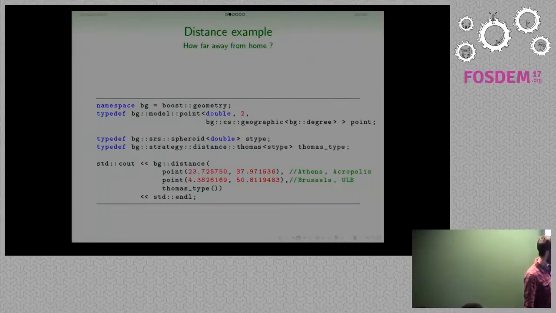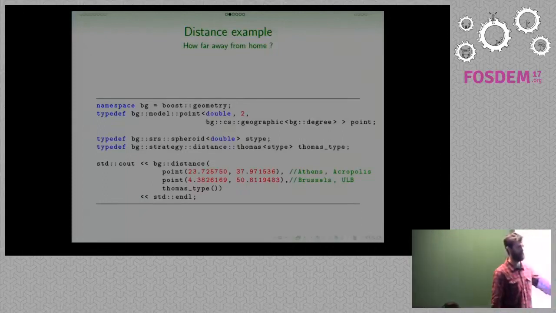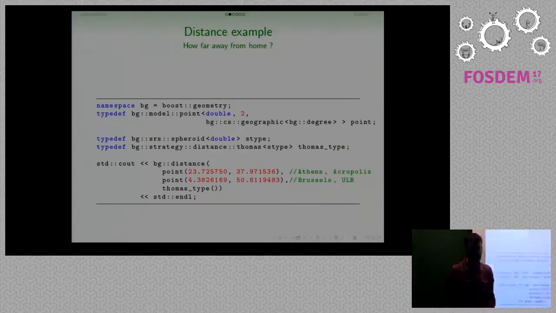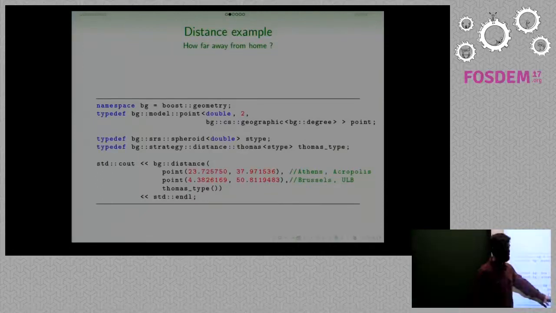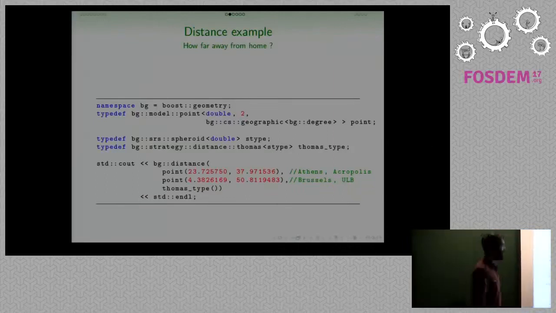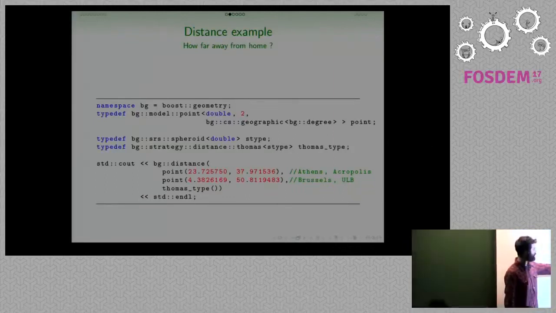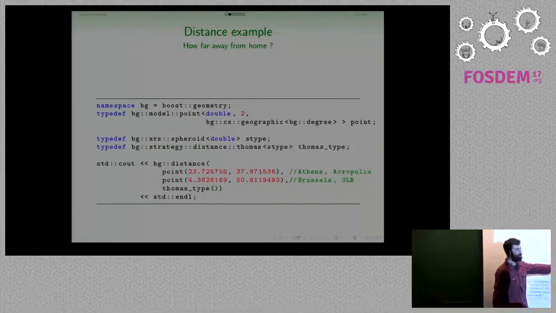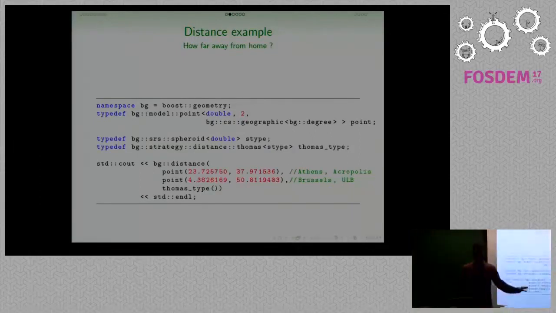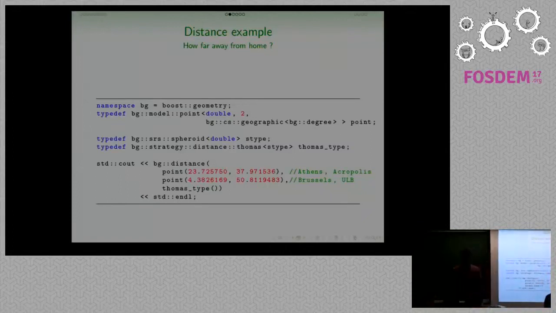And then I ask to compute the distance from the point, which is Athens, let's say the Acropolis, which is more fancy, and the other point, which is ULB Brussels here. I say that I want to use this strategy, and then I do the computation. If I remove the strategy from here, the default strategy will be called. And also if I go here and, instead of geographic, say that these points are spherical, then the same code will compute the spherical distance.